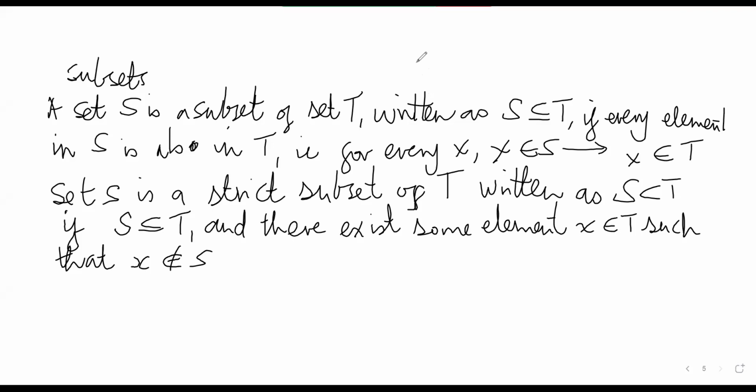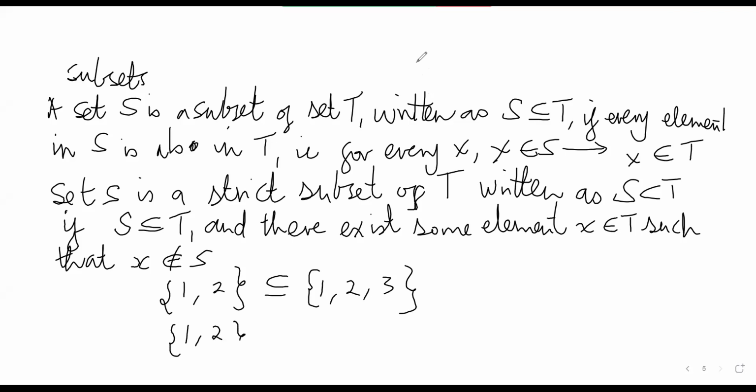So we look at examples 1 and 2. Set {1, 2} is a subset of that set. Set {1, 2} is also a strict subset of {1, 2, 3}.